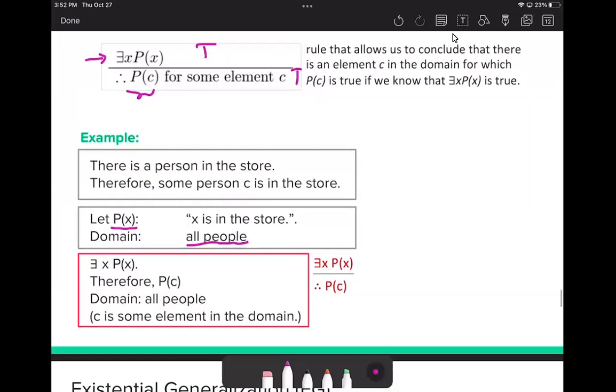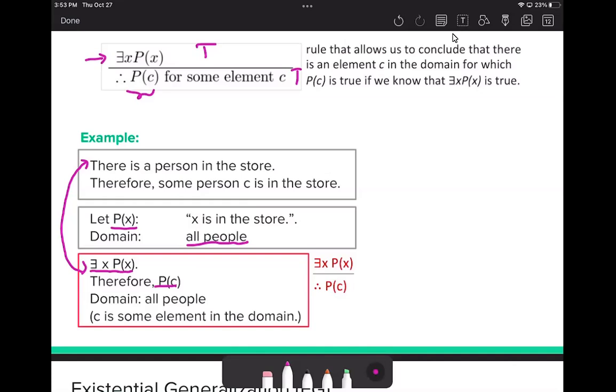We can express this using symbolic form: there exists x, P of x, or in its natural language form, there is a person in the store. Therefore, P of C, wherein C is some element in the domain.